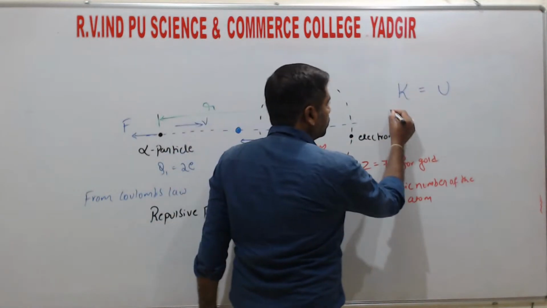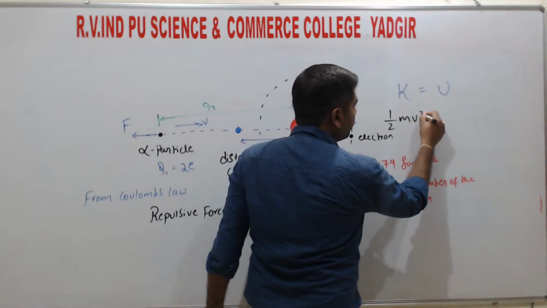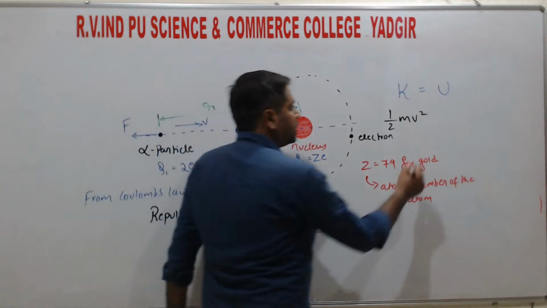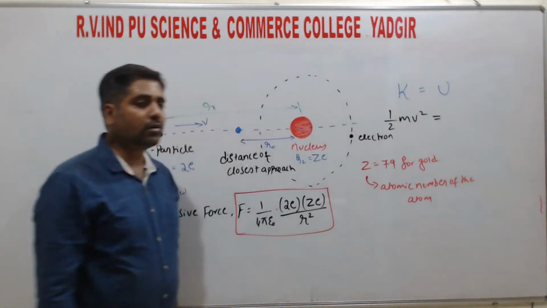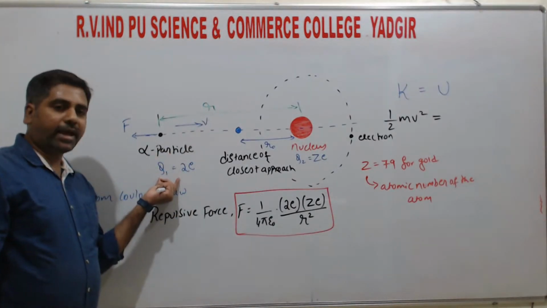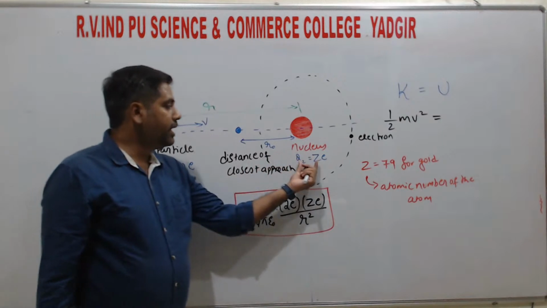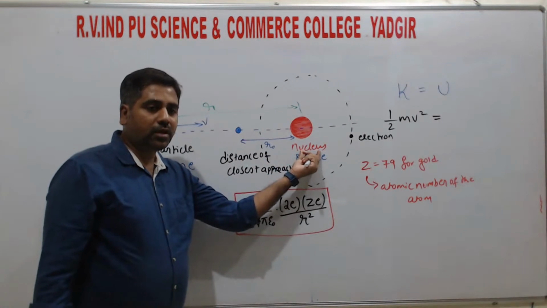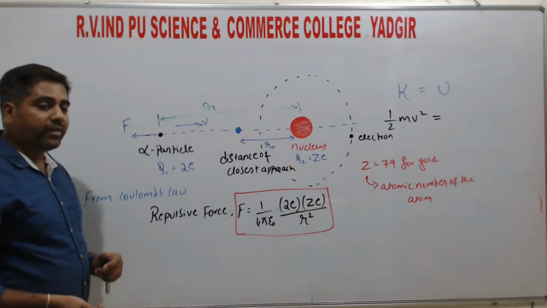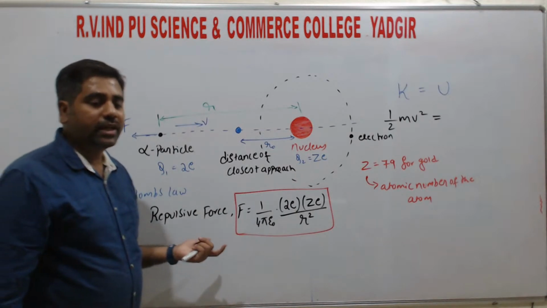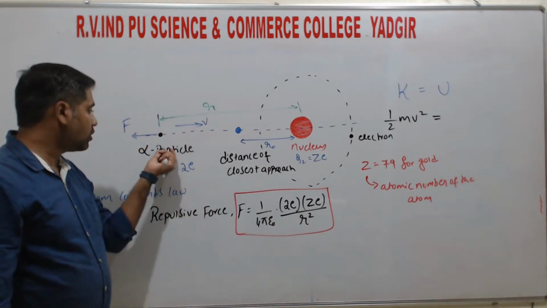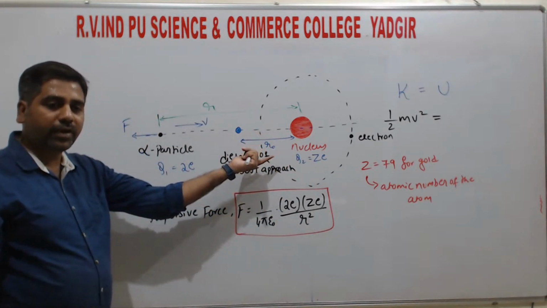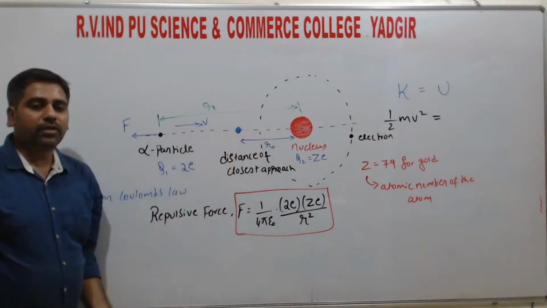Here we know the kinetic energy is half m v square, where v is the velocity of the alpha particle, and that is equal to the potential energy. Here we have the charge of the alpha particle and the charge of the nucleus. As we already studied in electrostatics, potential energy U is equal to 1 by 4 pi epsilon naught q1 q2 divided by r, where r is the distance between the alpha particle and the nucleus.